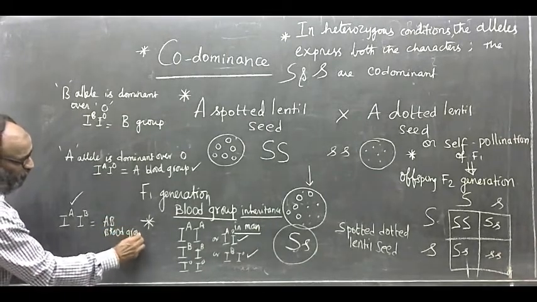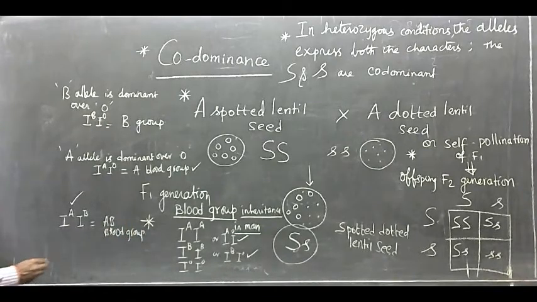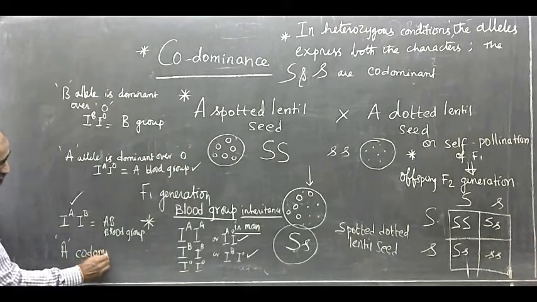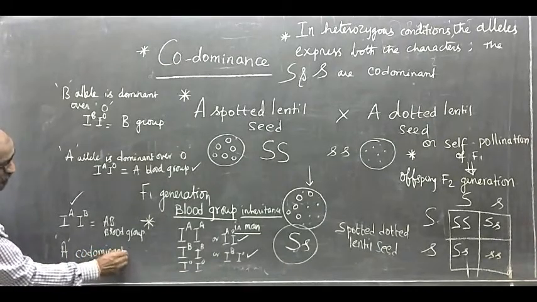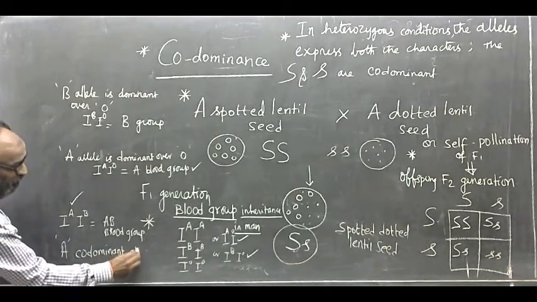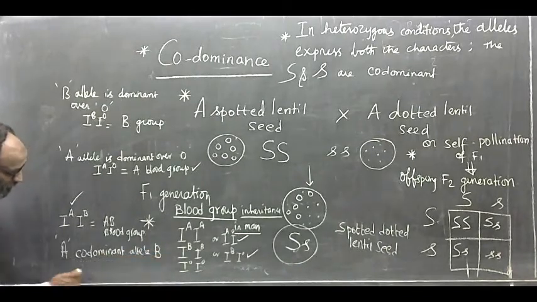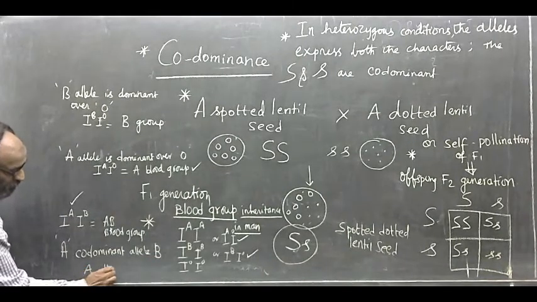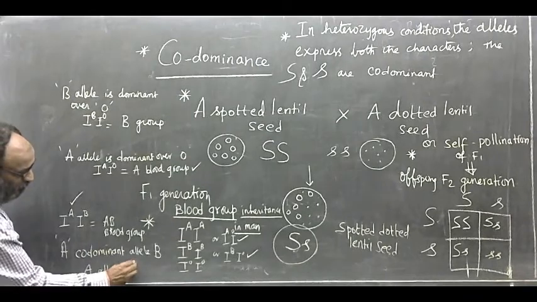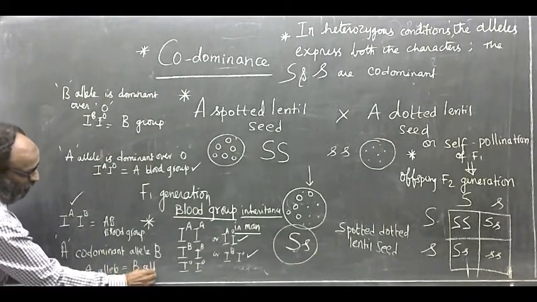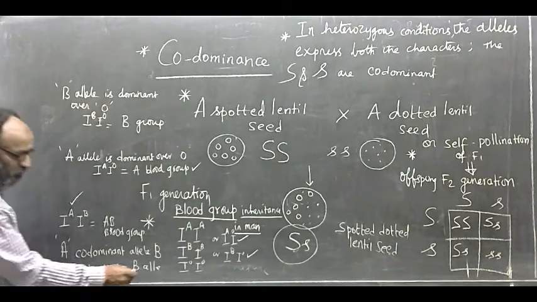The reason for this is the allele A is codominant, meaning equally dominant with allele B. That means the A allele and the B allele are equally expressible.